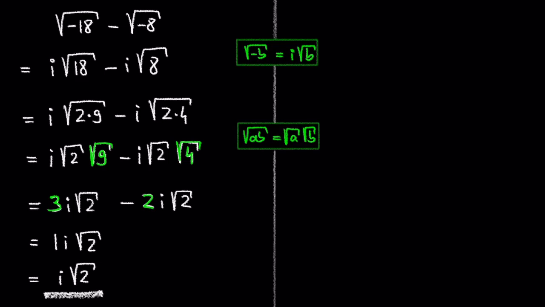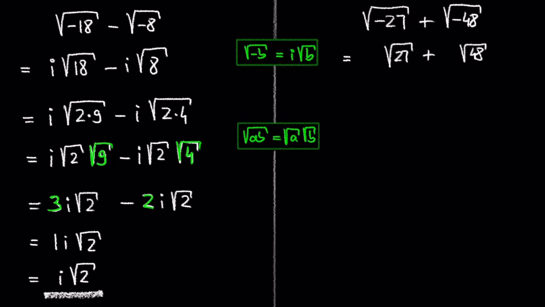The second example is the square root of negative 27 plus the square root of negative 48. Again, we remove the negative signs under the roots, and instead of that, we put the imaginary unit i in front of the roots.